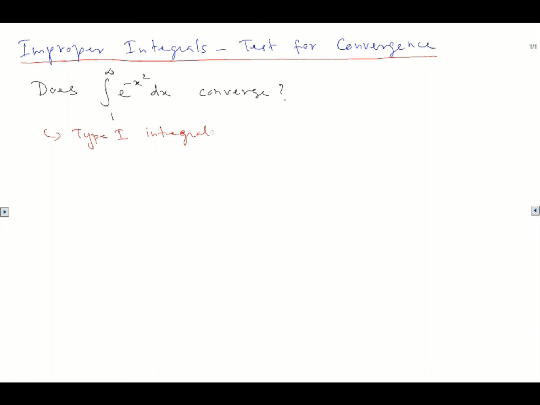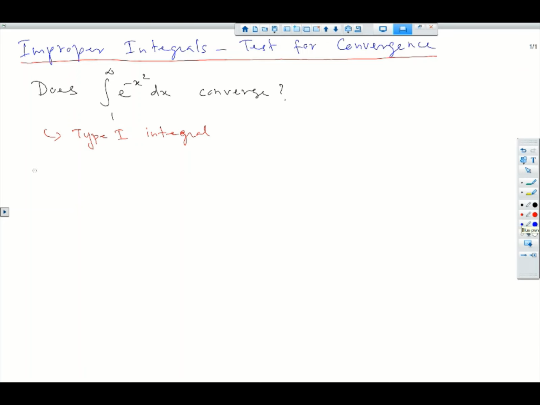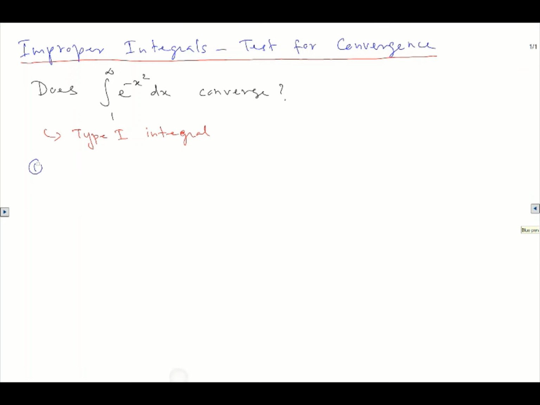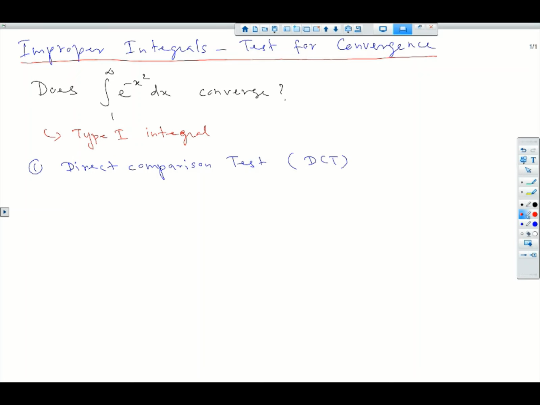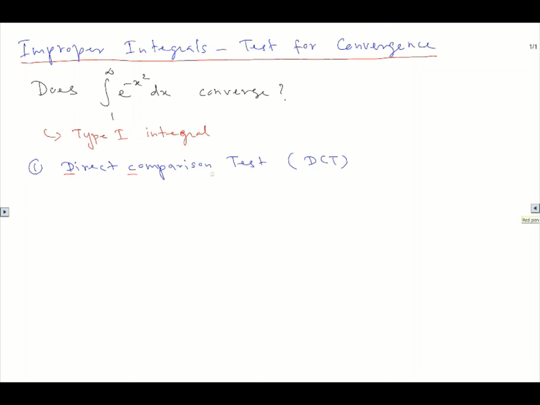So in this section, we can talk about 2 interesting theorems. The first theorem is what we call the direct comparison test, or DCT for short.